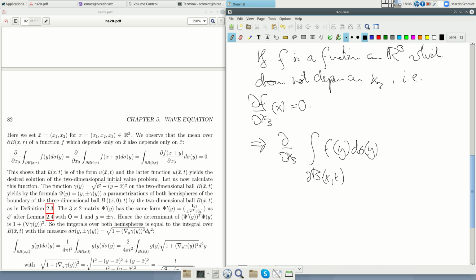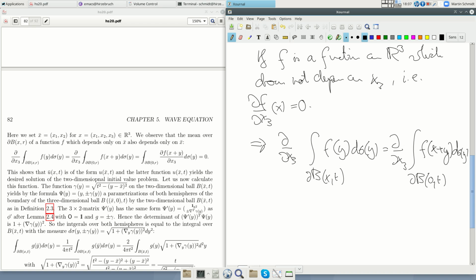We want the domain not to depend on this coordinate, so we transform this and calculate the integral over the boundary of B(0,r) of f of x plus y d sigma of y.